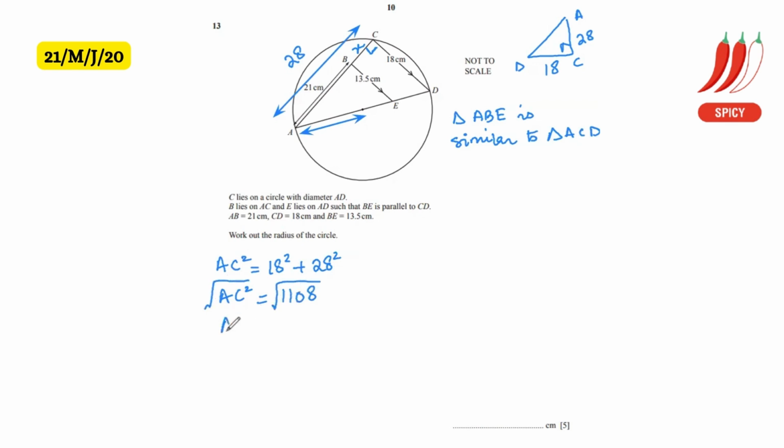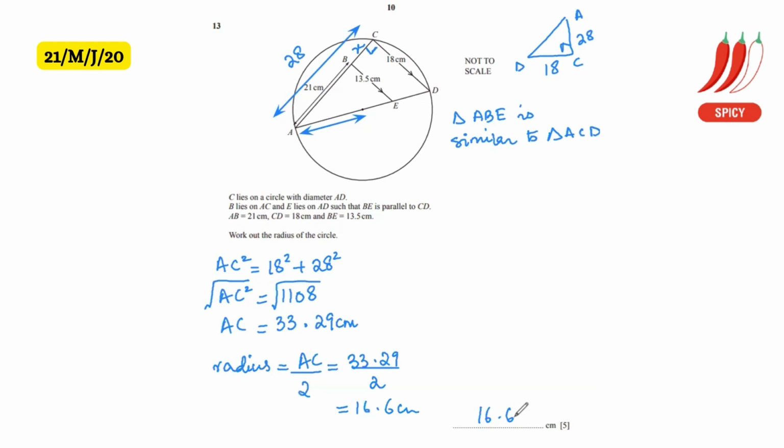Square root both sides, and that gives us 33.29 centimeters. So radius is going to be AD divided by 2, which is 33.29 divided by 2, and that equals 16.6 centimeters. That's your answer.